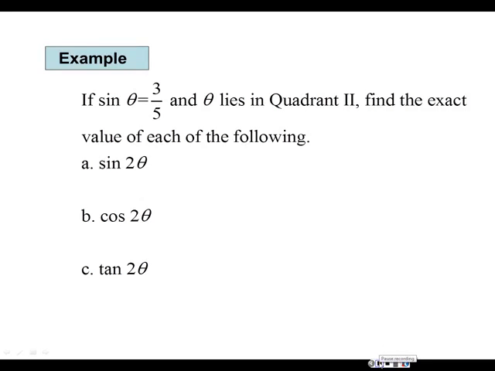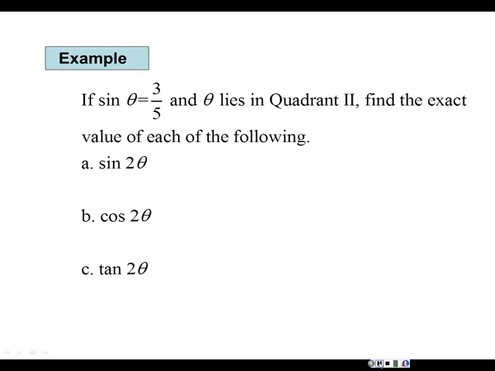Do you have an answer for tangent 2 theta? If you do sine over cos, you will have your tangent 2 theta, which is negative 3 over 4, right?